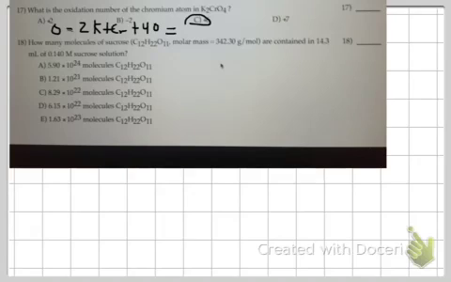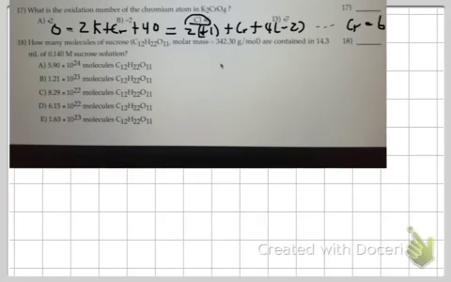And let's put in the numbers. It's going to be 2 times plus 1 for potassium plus your unknown plus 4 times minus 2 for oxygen, if you follow the chart, and you keep on going and you get chromium equals 6. So chromium is going to be plus 6, also known as hexavalent chromium.